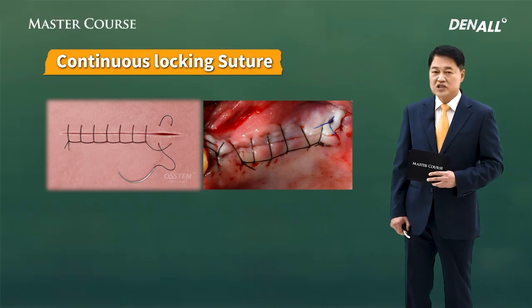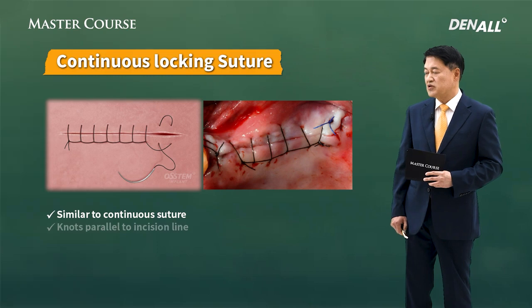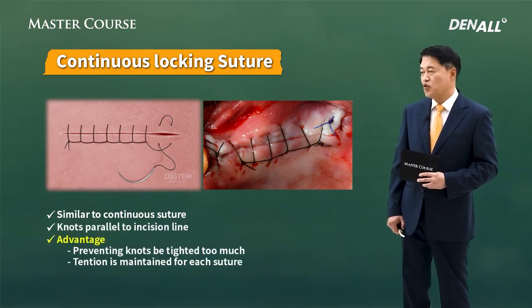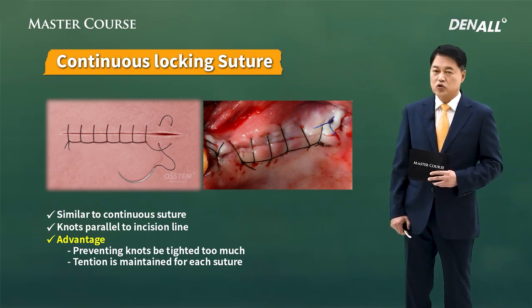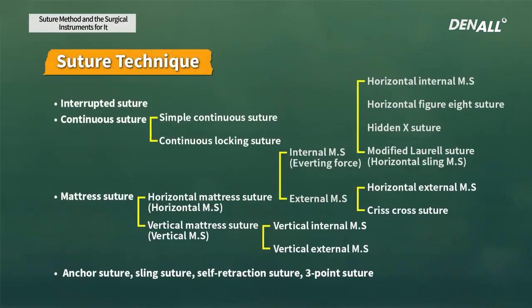Compared to simple continuous suture, you have a lock in the middle, so it doesn't give too much tension on the knot, and at the suture site, an adequate level of tension can be maintained. For more detailed technique, I will talk through the offline lectures or in the advanced course.